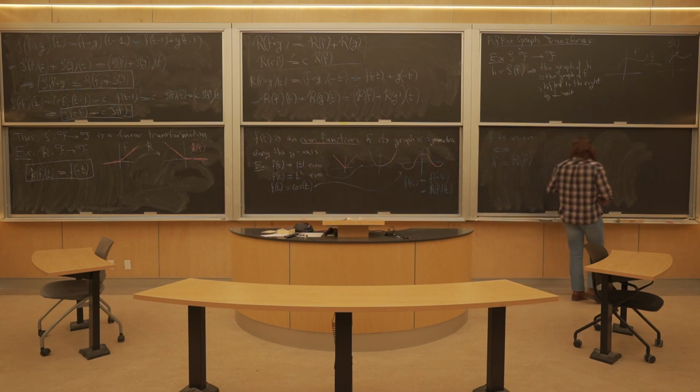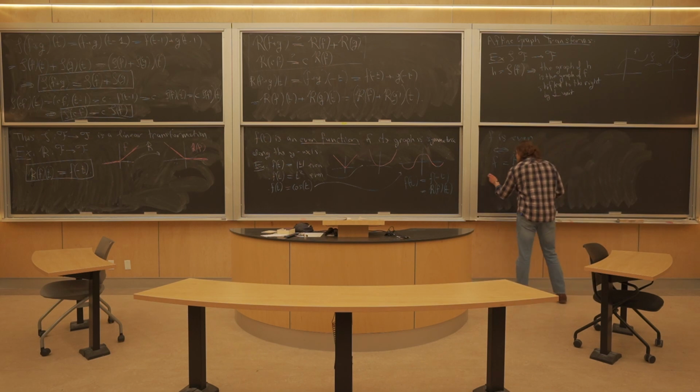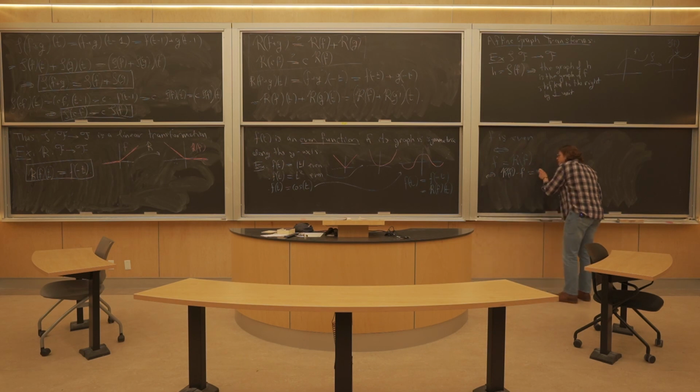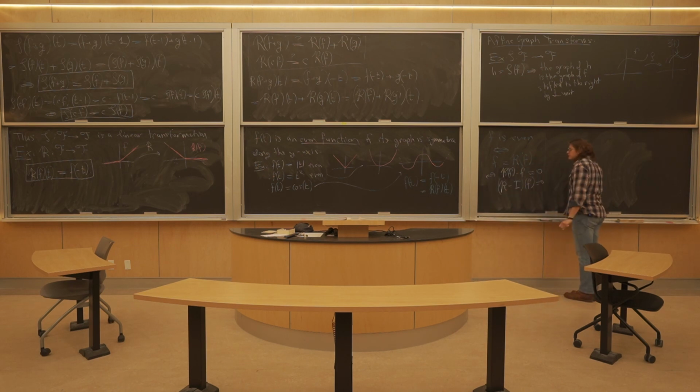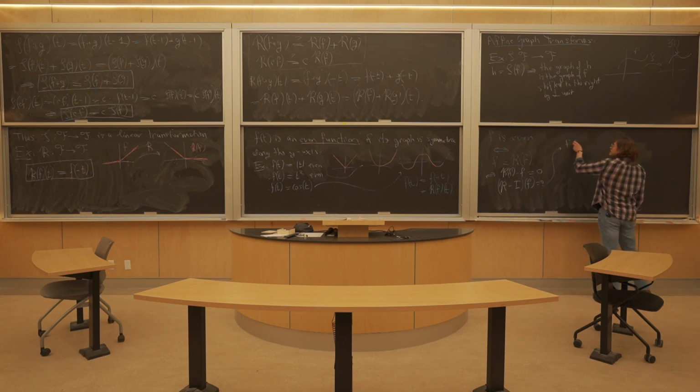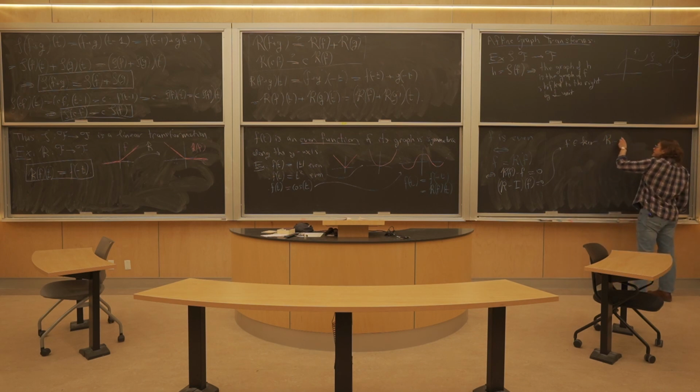So r of f minus f equals 0. And r minus the identity transformation applied to f is 0. This is the same thing as saying that f is in the kernel of the linear transformation r minus I.